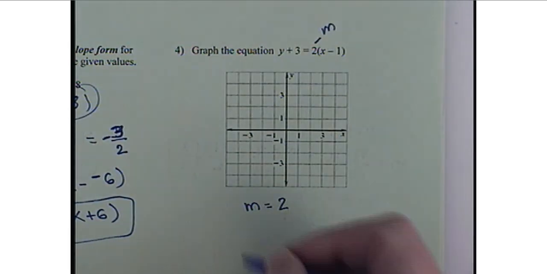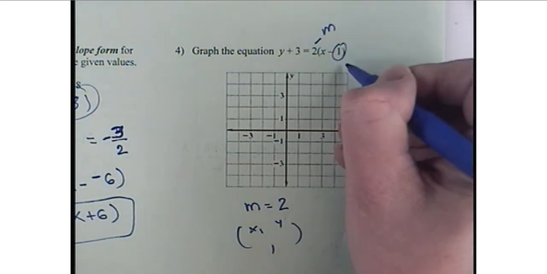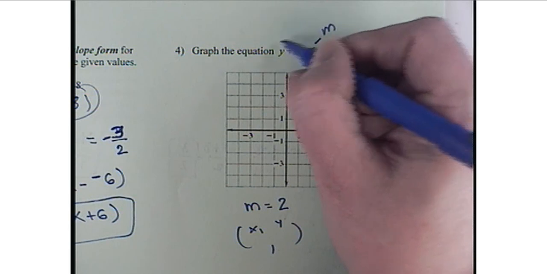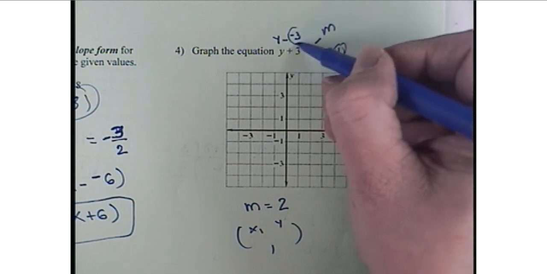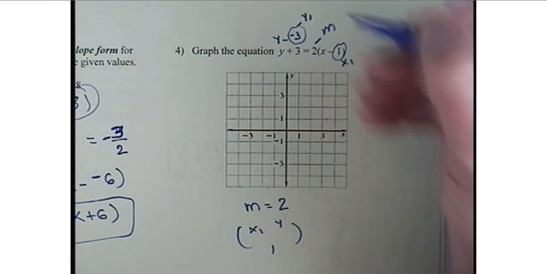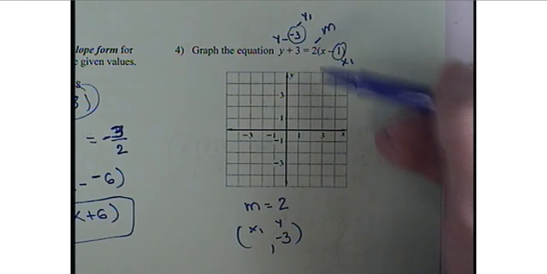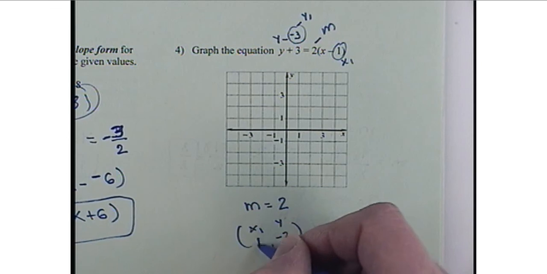And the point x1, y1 will be this. 1 will be x1, and for y, remember this could be written as y minus negative 3. So pretty much our y1 coordinate is negative 3, not positive 3. It's always the opposite of what is given, and x1 will be just positive 1.